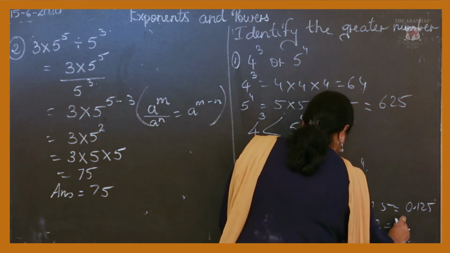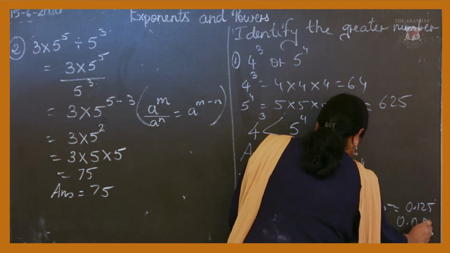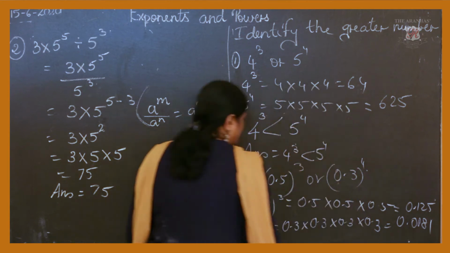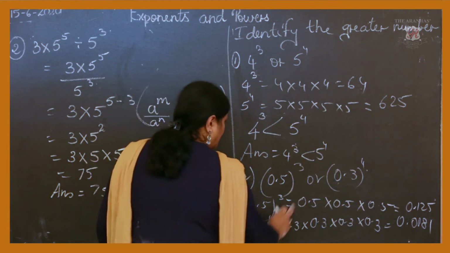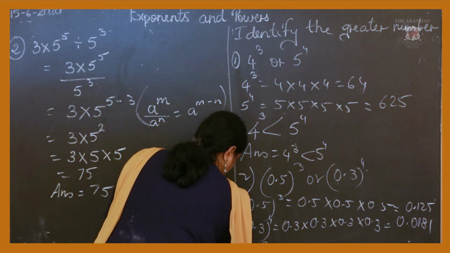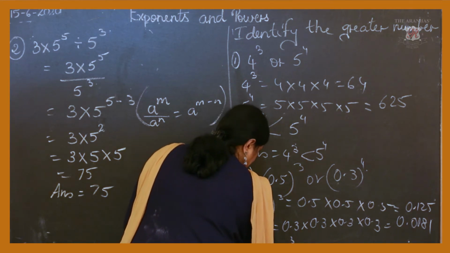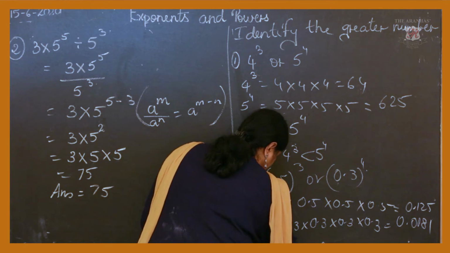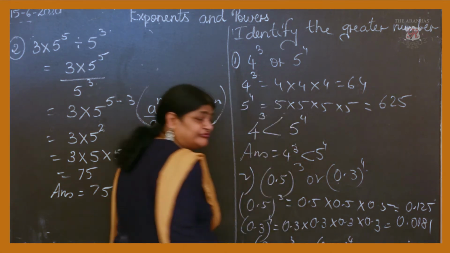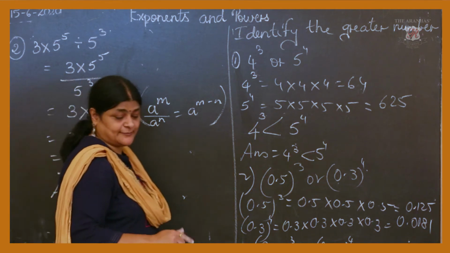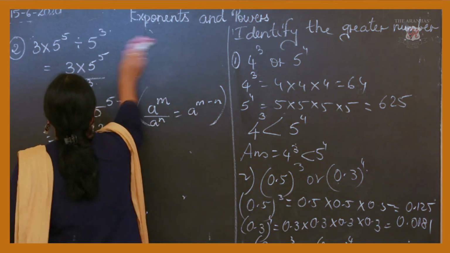So when you multiply it, you get 0.0081. So here you have got 0.5 cubed is less than 0.3 to the power of 4. Once we have solved it, we have come to know about it.